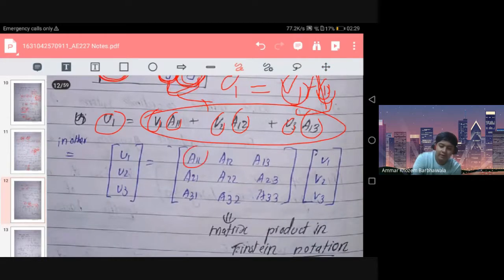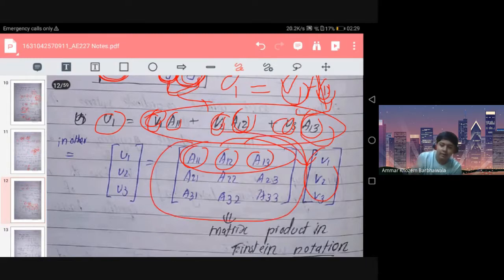So this is a11 a12, and we multiply this row with this column. So it's the same: v1 a11 plus v2 a12 plus v3 a13, and it's the same as this.